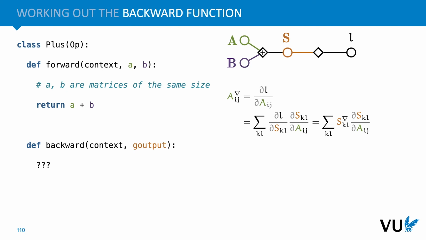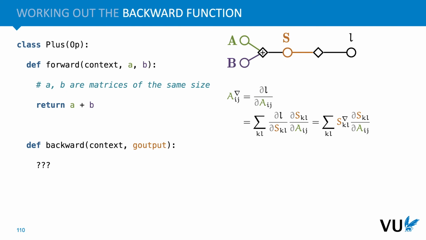We index over S by k and l because S is a matrix, and we apply the chain rule in this way. The factor on the left, as we've seen before, is what we're given: S nabla is G output in the code on the left. So we don't need to work that out, we can just fill that in. The factor on the right, that's what we need to work out.